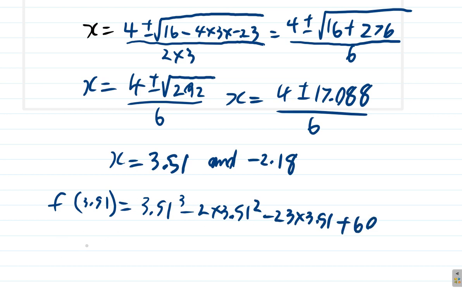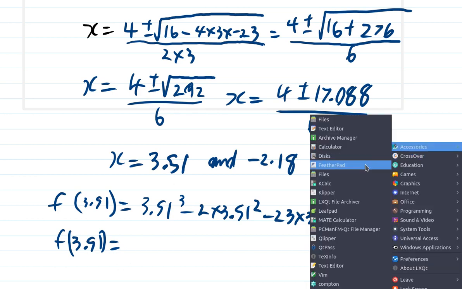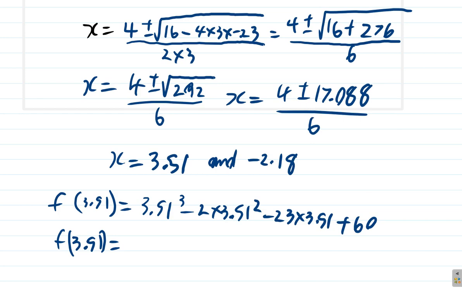So what does that give us? f of 3.51 equals, and then we work it out using our calculator.